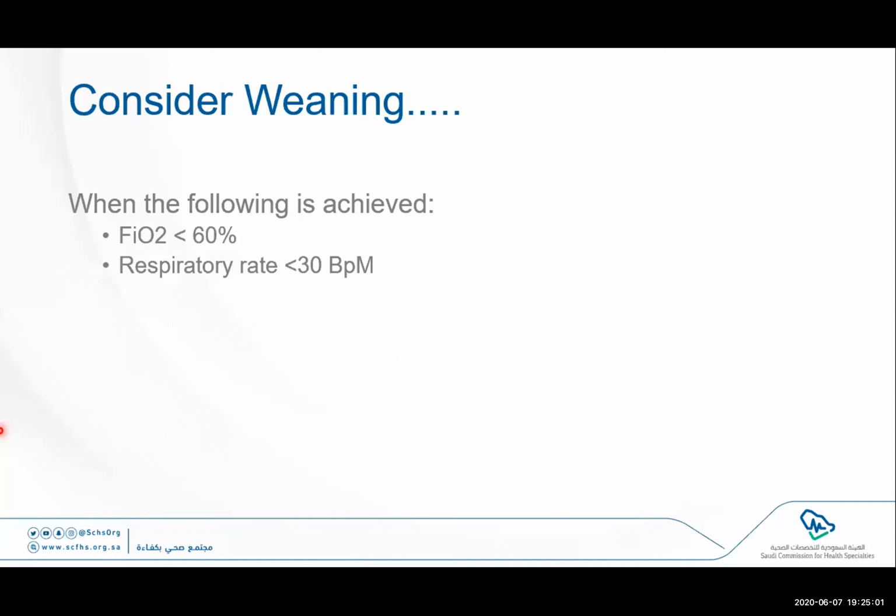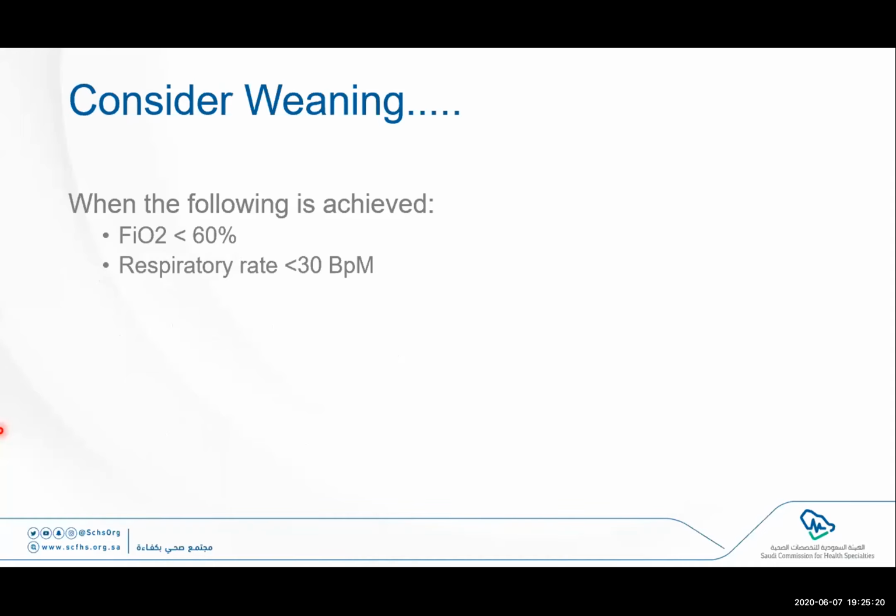Now, again, with the weaning part, once you reach the FiO2 60 and your patient starts getting less tachypneic, less than 30, then I might take the helmet off. This doesn't happen that quickly, but it may take a few hours when you reach this patient.